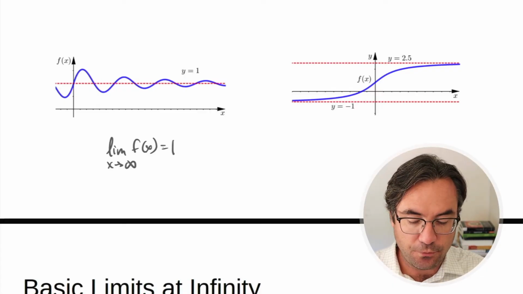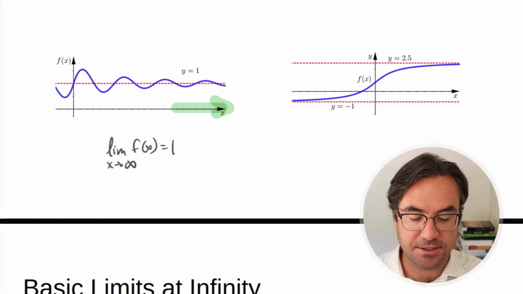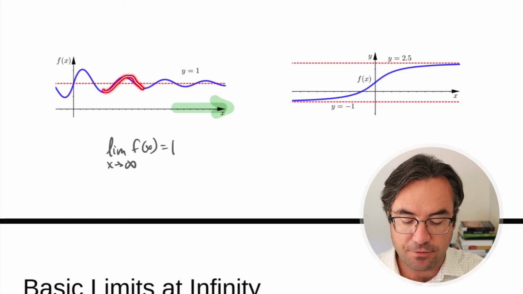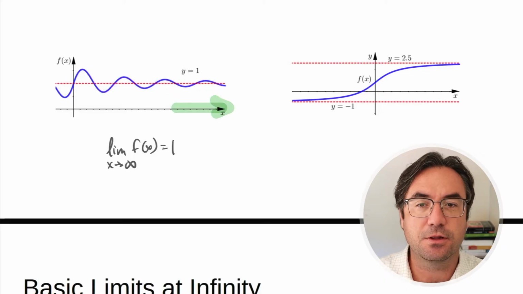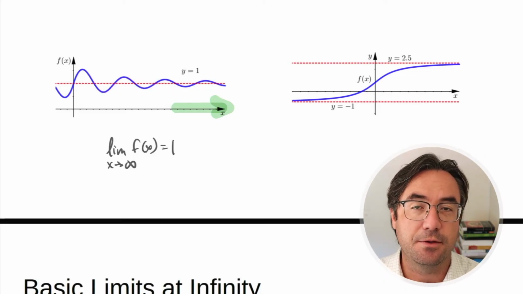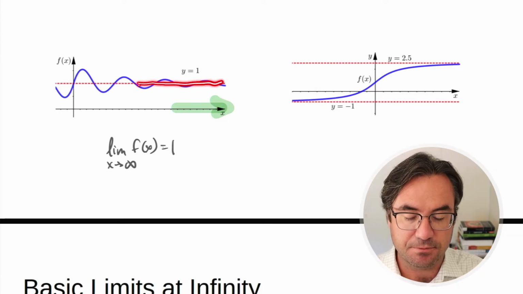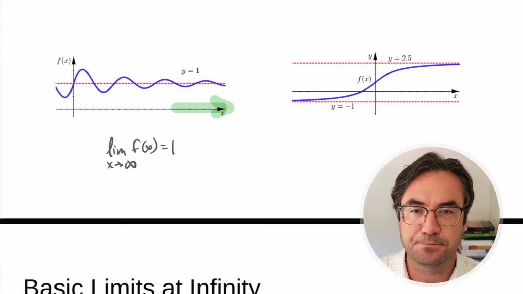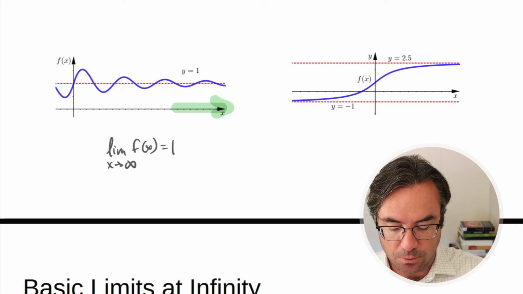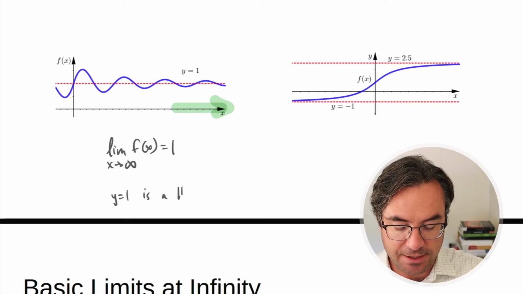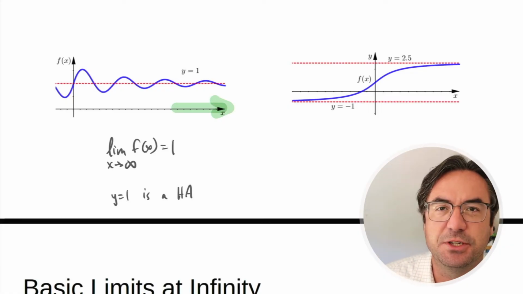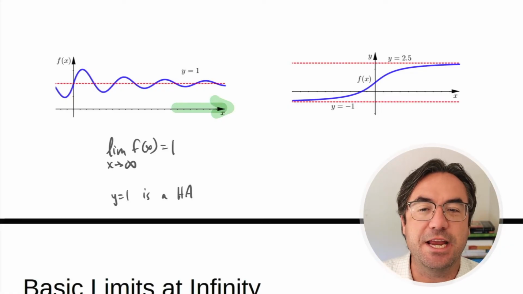As we move further in this direction along our x-axis, the height of our curve is getting closer and closer to 1. So our function is approaching that line. In this case, y equals 1 is what we would call a horizontal asymptote, and a lot of times we abbreviate that HA.